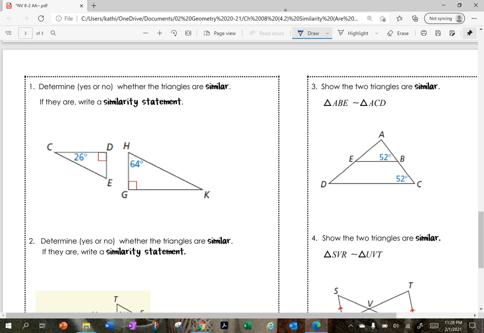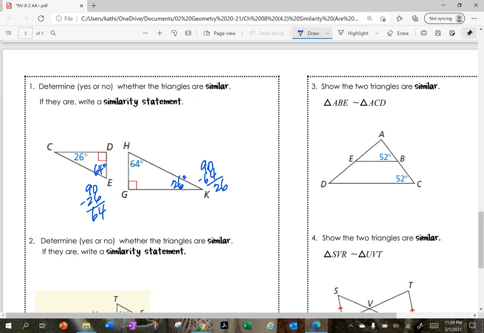So I'm going to use the fact that I know all three angles total 180, to figure out what the missing angles are. So 90 minus 64 tells me this angle here is 26 degrees, or I could have figured out angle E to say 90 minus 26 to tell me angle E is 64 degrees.